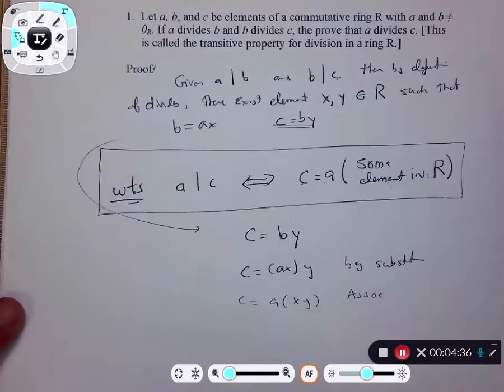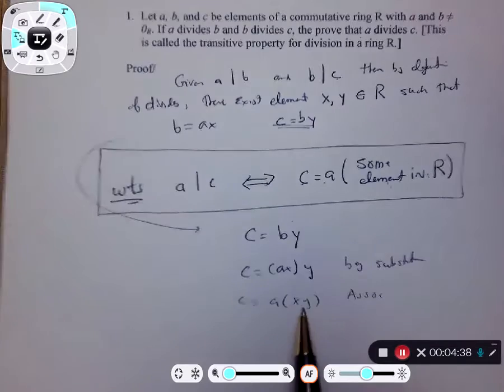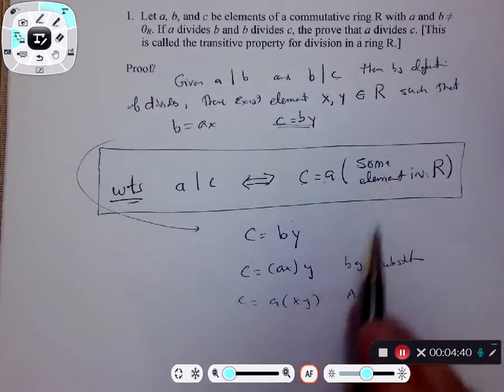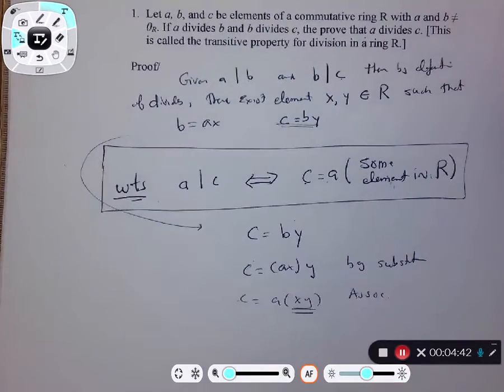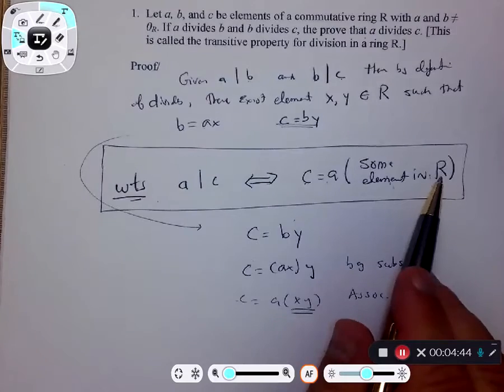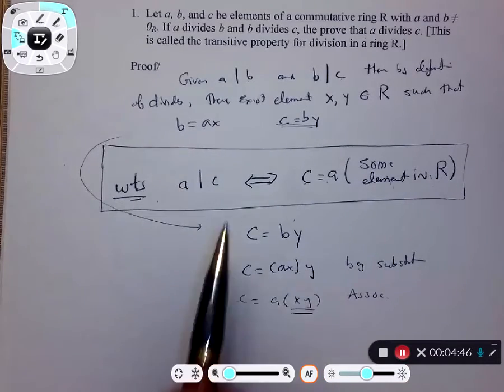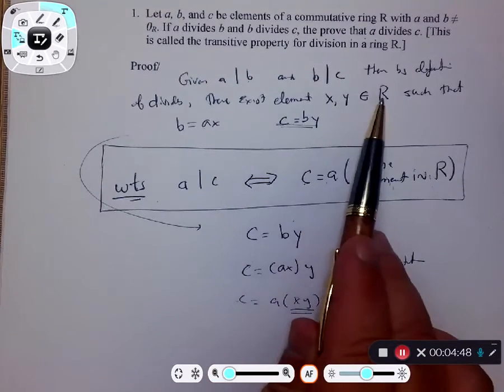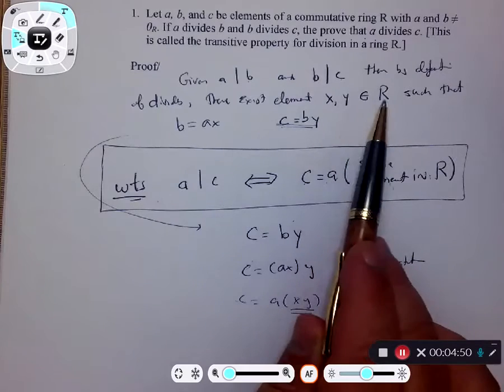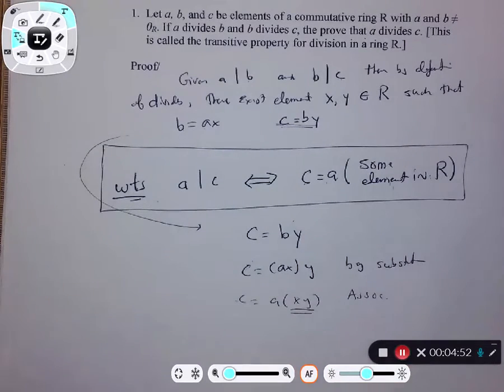And then as we continue on, I've got my equation. But is X times Y an element of ring R? Well, since X and Y are in R, then X times Y is an element of R, because R is a ring, and a ring has the closure property. Therefore, as X times Y is in R, by definition of divides, A divides C.